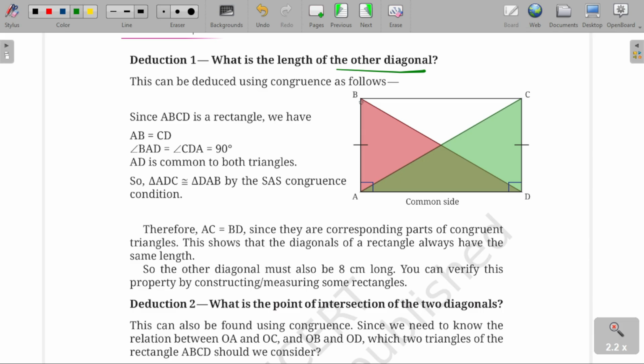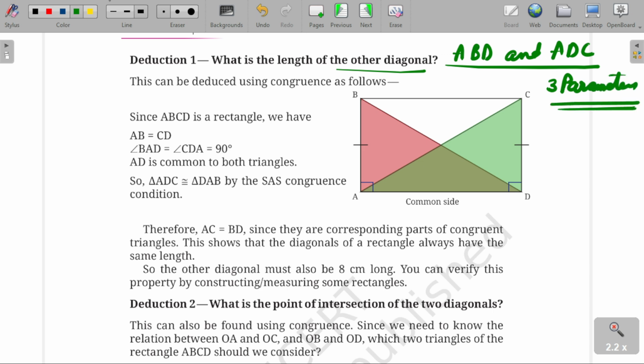We are using two triangles, that is ABD and ADC, these two big triangles. Now we need at least three parameters to say that these two triangles are congruent to each other, and these parameters are: opposite sides are equal, 90-degree angles are equal, and one side is common in both triangles. Then see which property is holding here: side, angle, side. So by SAS congruence, you can say this is equal.